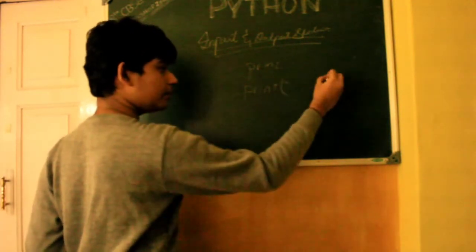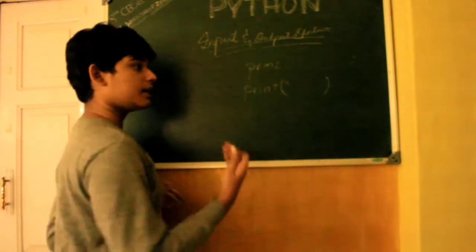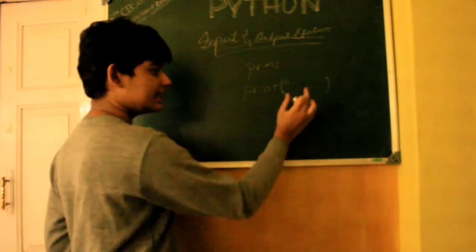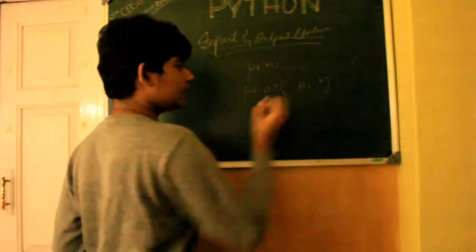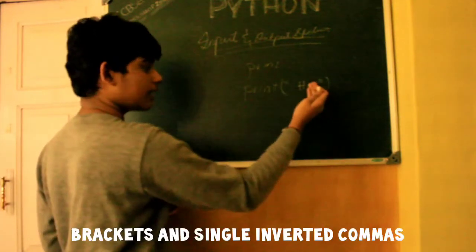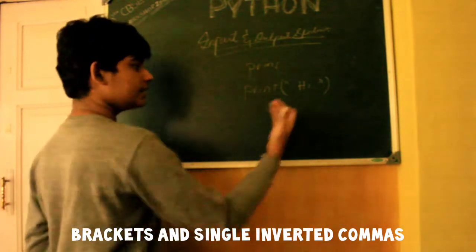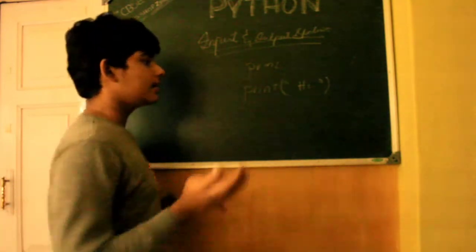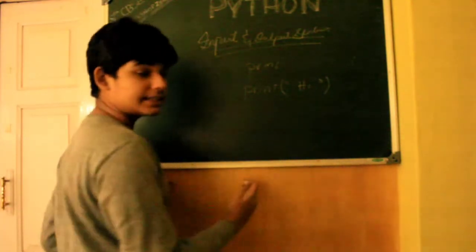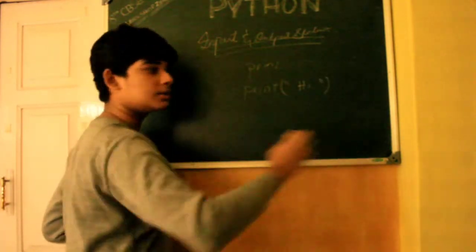You have to put it in brackets just to make the computer know that you are writing it. This is the word that you need to print, and you can write something like hi. The reason that there are brackets is that it makes the computer understand that this needs to be printed and has nothing to do with the rest of the code.